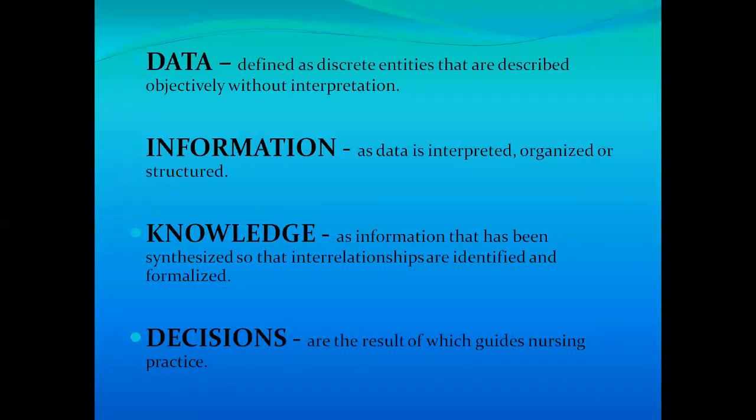Now, as data are interpreted, organized, and structured, they are called information. The information that has been synthesized or processed so that interrelationships are identified and formalized becomes knowledge. And the knowledge now helps guide the decision, the results of which guide the nursing practice.